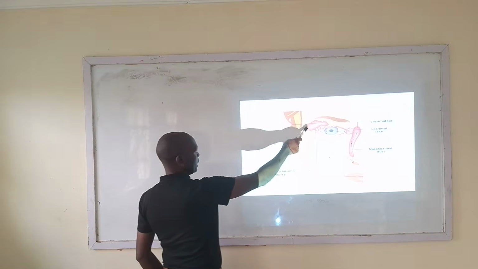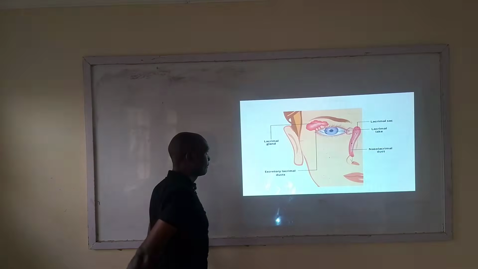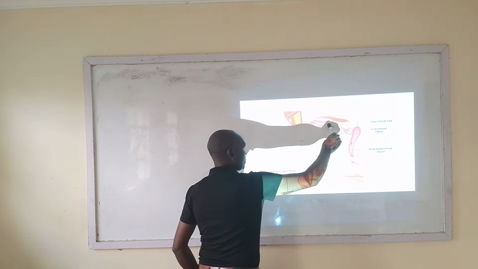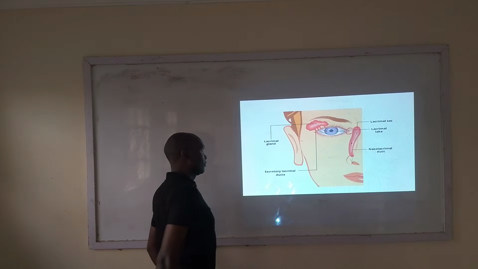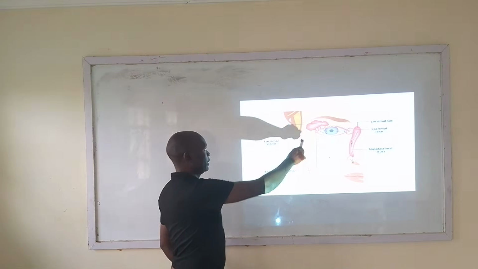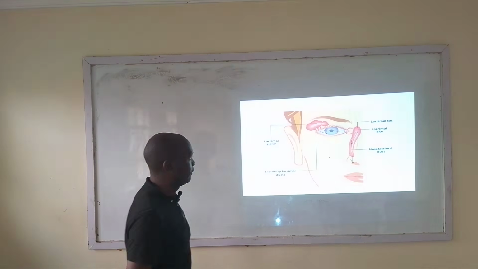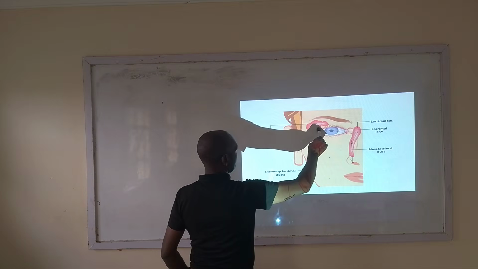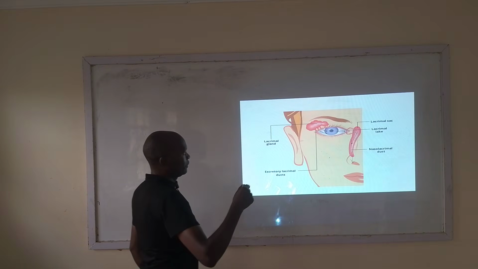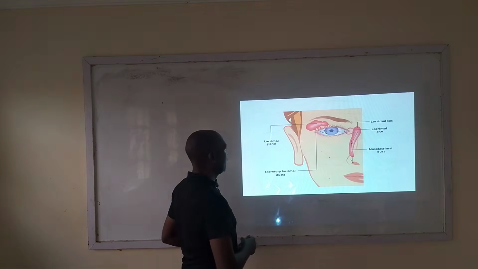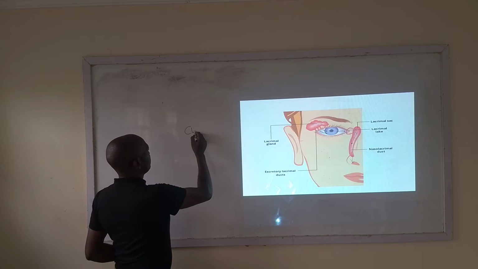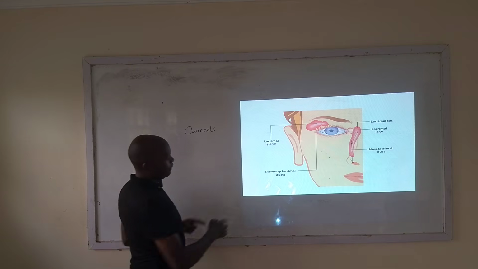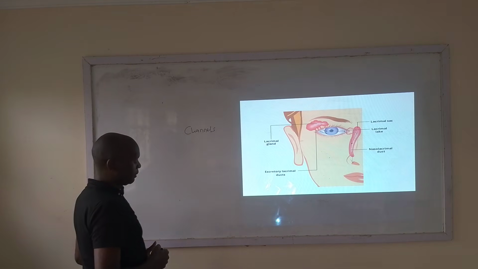In between the lacrimal gland and the eye, we have these projections here, which are connecting the lacrimal gland and the eye. These projections are channels, and they are referred to as the excretory lacrimal ducts.